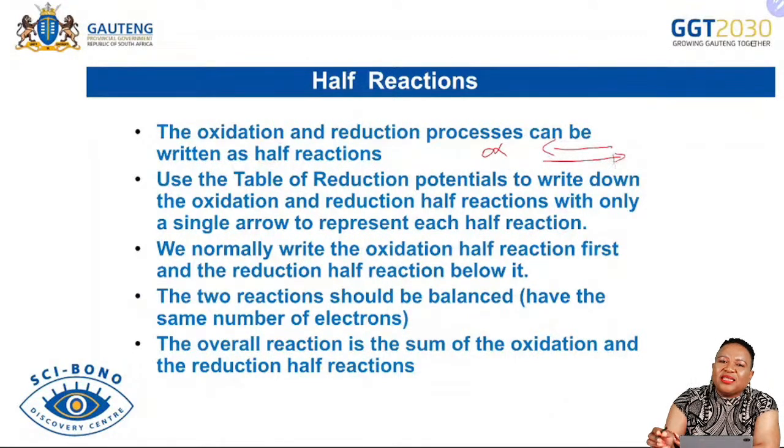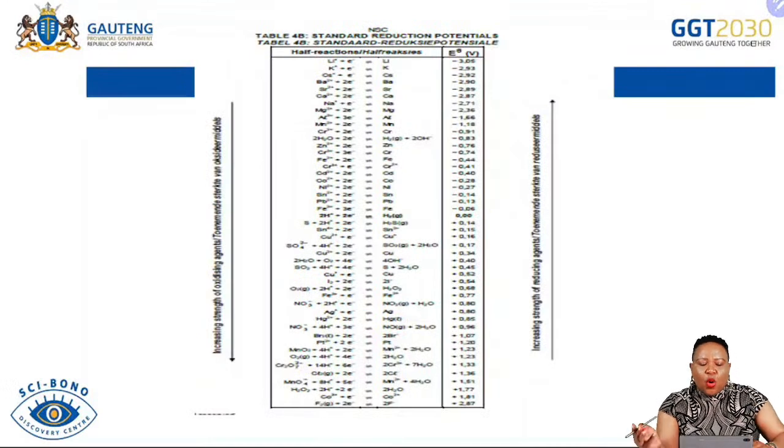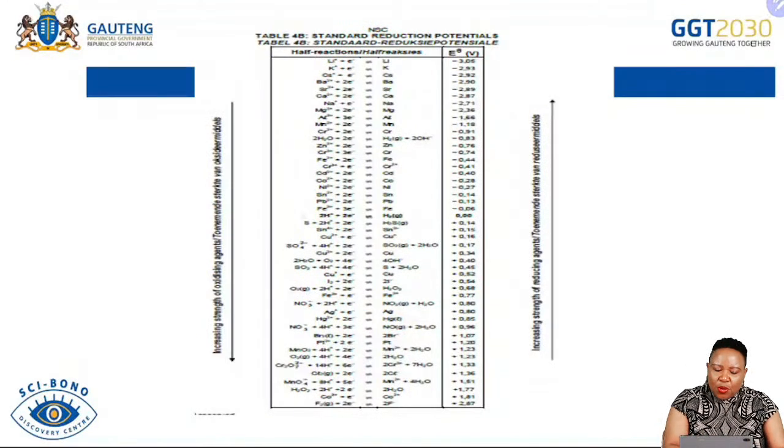So our reduction, we write exactly as it appears on that reduction potential table, because it is read as a reduction potential table. We are going to use a single arrow that is facing forward, showing that these reactions are irreversible. So if we are writing the zinc half cell and the copper half cell, we are using this table.